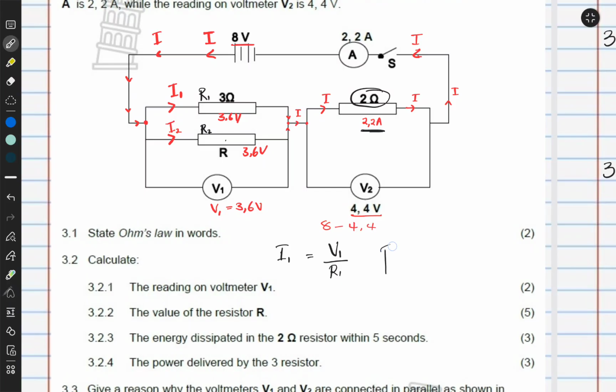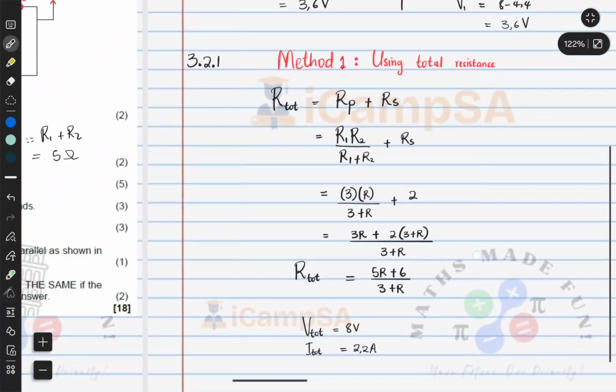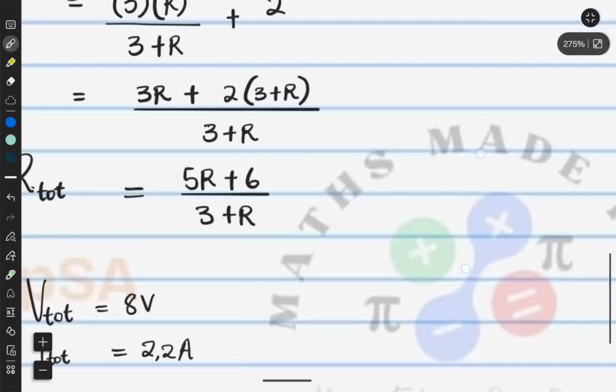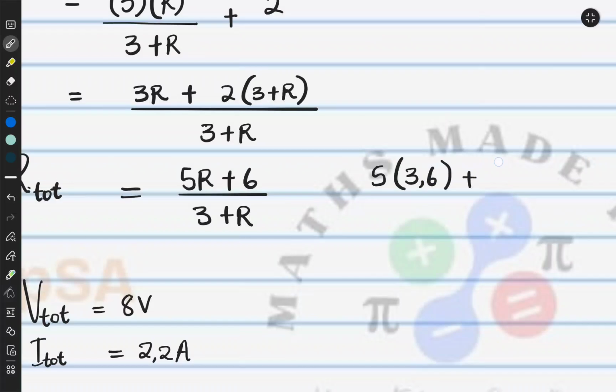It means our new R tot will simply be R1 plus R2, which will be 5 ohms, right? Whereas previously, let's try to substitute here. We said the calculated R was 3.6, right?